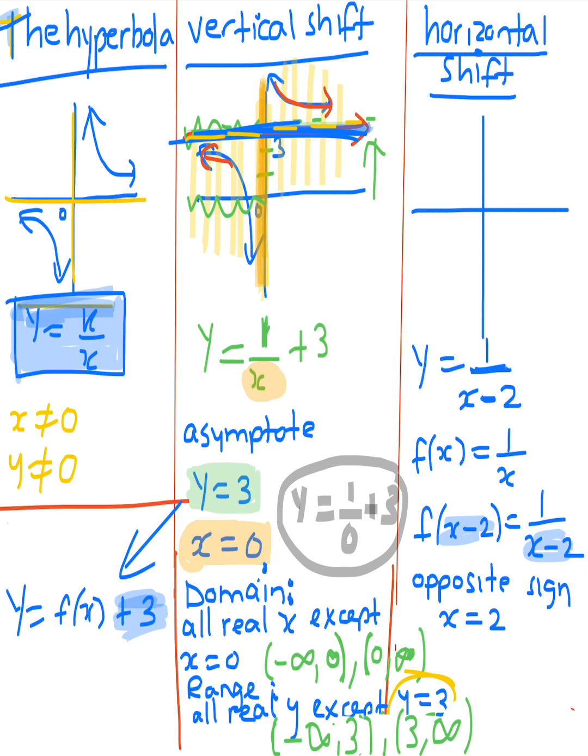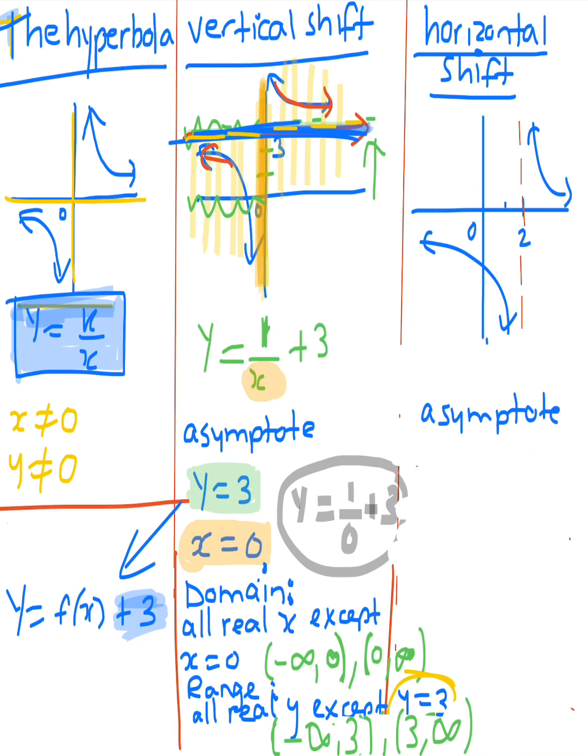So that means that normally your hyperbola will be just inside here and here, but now it's going to shift to the right 2, 1, 2. So that means that your asymptote will be here, and that your hyperbola will go here and here. Okay.